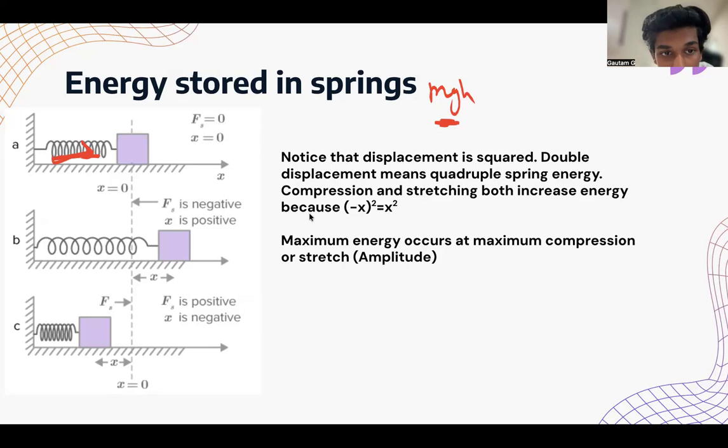Does this slide make sense to you guys? It's almost the same thing I talked about when we were doing kinetic energy last class. When you double the displacement, the amount of energy stored in the spring quadruples, and both compressing and stretching the spring will increase the energy because both are storing some energy.